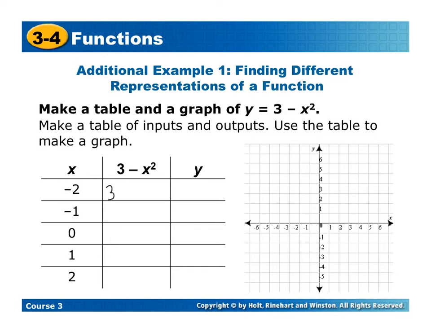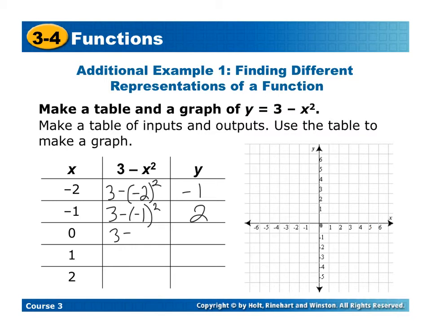So this becomes 3 minus negative 2 to the second power. But negative 2 to the second power is really 4. 3 minus 4 is negative 1. Then this becomes 3 minus negative 1 to the second power. Well, negative 1 to the second power is 1. 3 minus 1 is 2.